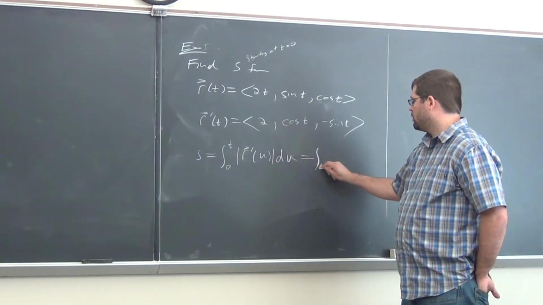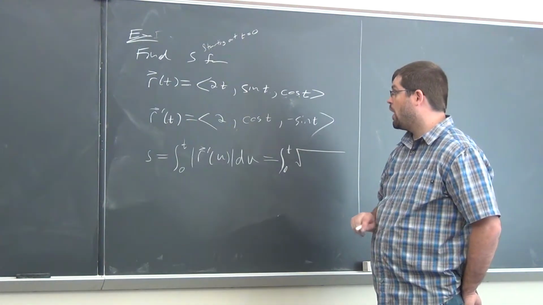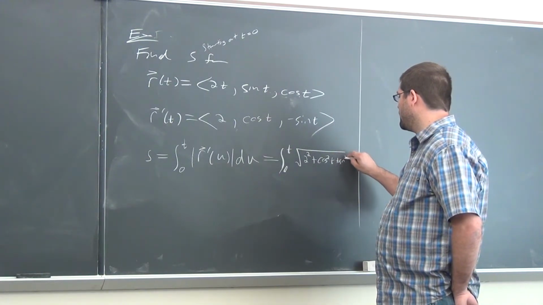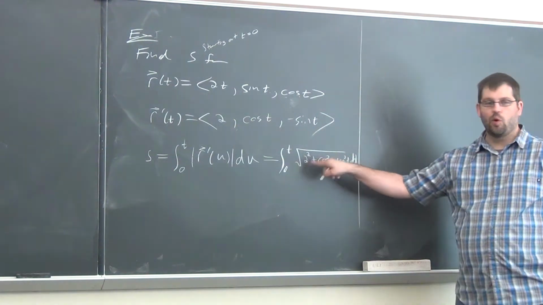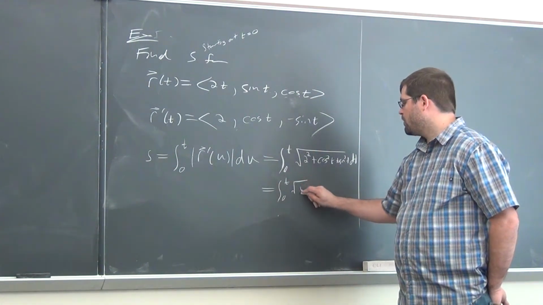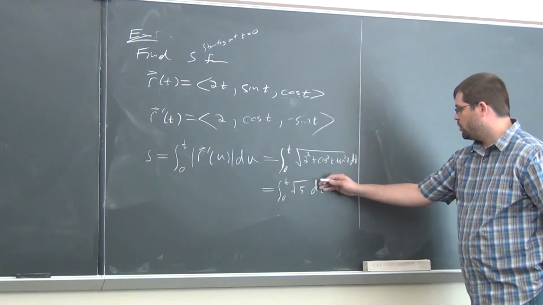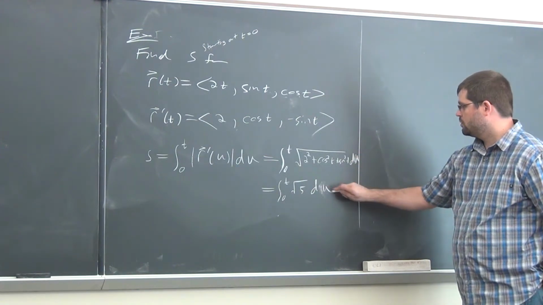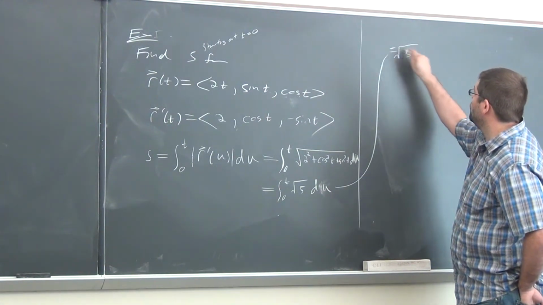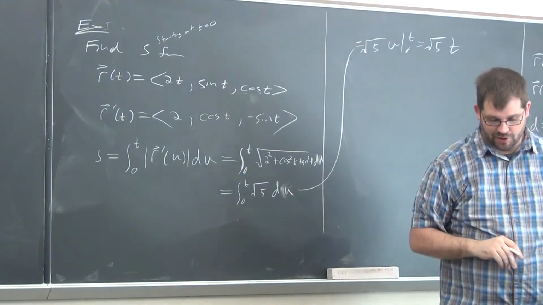We get the integral from 0 to t, square root of 5, right, so it's 2 squared plus cosine squared plus sine squared, which is 4 plus 1, right? So this gives you the integral from 0 to t of the square root of 5 du, sorry, I'm getting lazy. So then it's square root of 5 u, and then 0 and t, so square root of 5 t. Does that make sense?